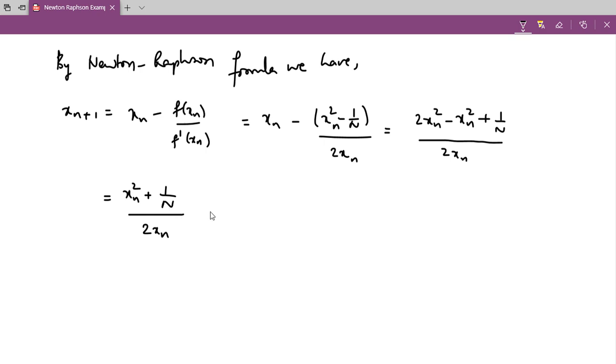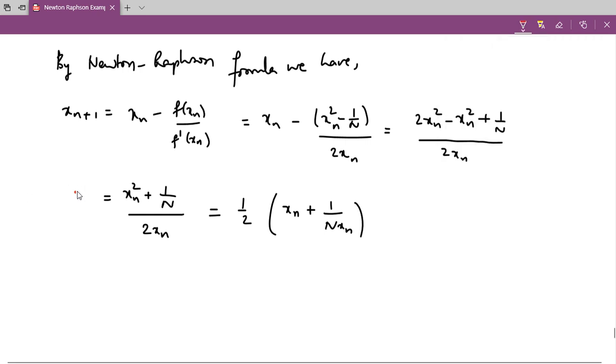So this can be written as 1/2 into (xn²/xn gives xn) + 1/(n xn). So thus we obtained the required iterative formula.